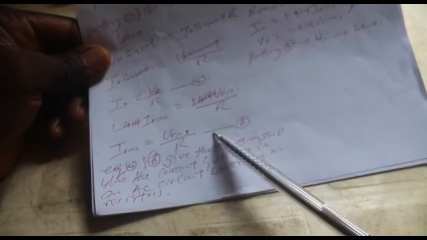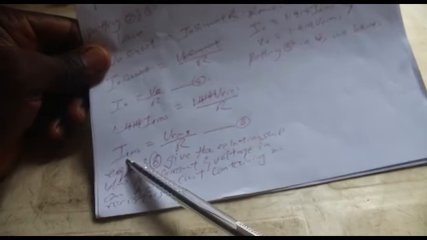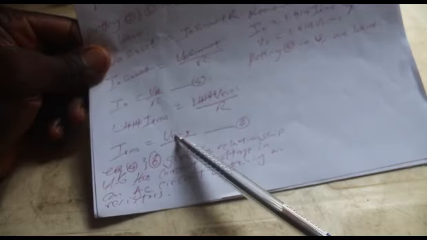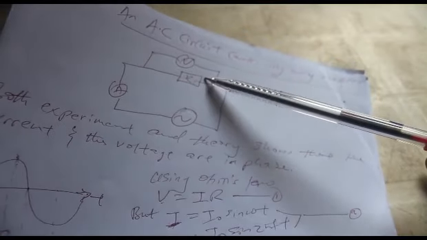And equation 6 gives you the relationship between the RMS value of the current and the RMS value of the voltage in the same kind of circuit, an AC circuit containing only resistors.